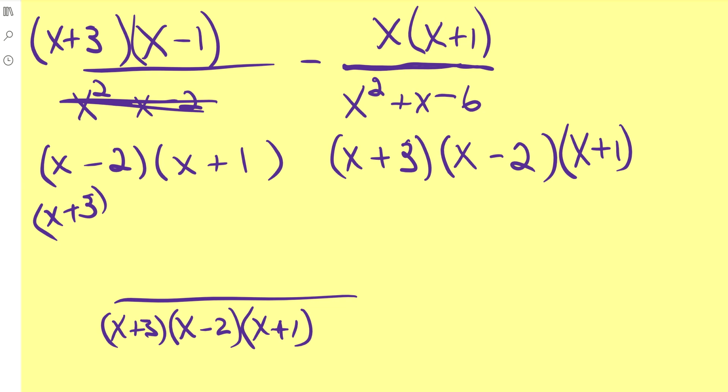So I've got to FOIL that, in other words. So let's go ahead and do that. This is going to give me x squared minus x plus 3x and minus 3.